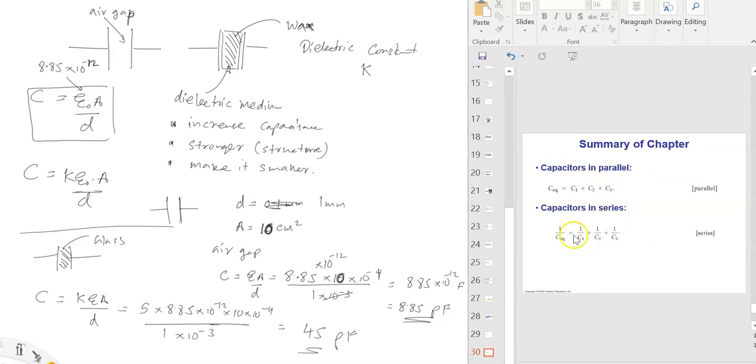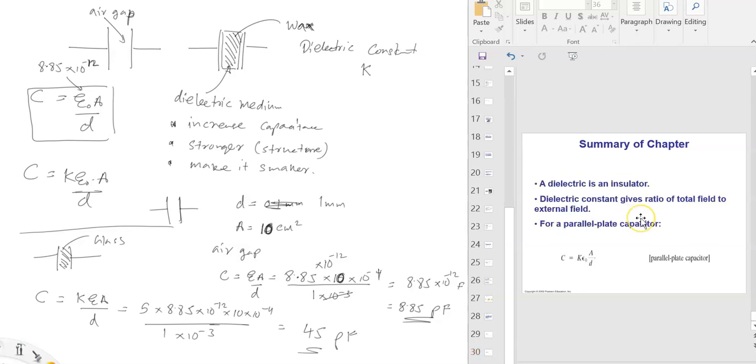Capacitors in series, you add them as reciprocals, 1 over. Dielectric is an insulator. For a parallel plate capacitor, again, you multiply the capacitance by the dielectric constant, you get the new capacitance. Alright, so with that, we can conclude capacitors, and thanks everyone.